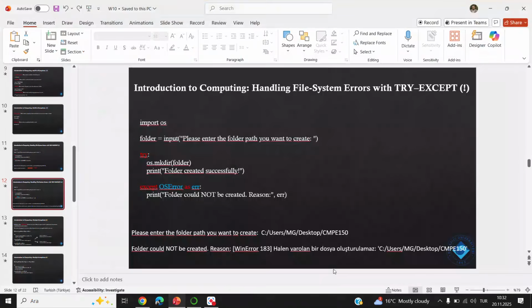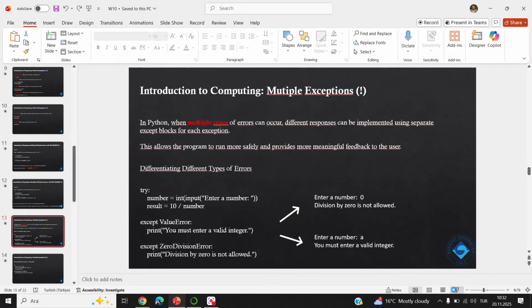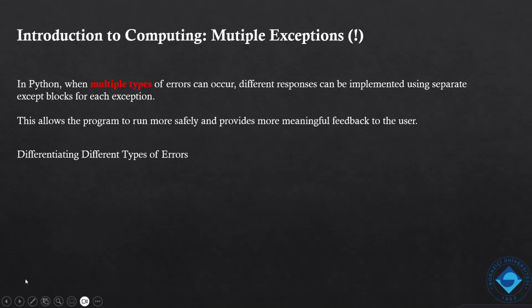Okay, now we can continue with multiple exceptions. In Python, when multiple types of errors can occur, different responses can be implemented using separate except blocks for each exception, right?